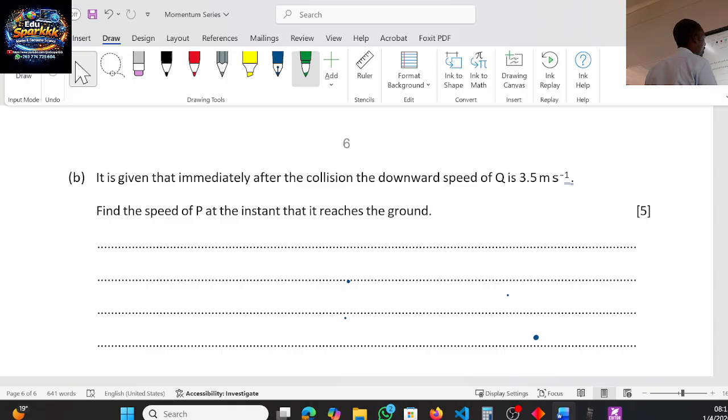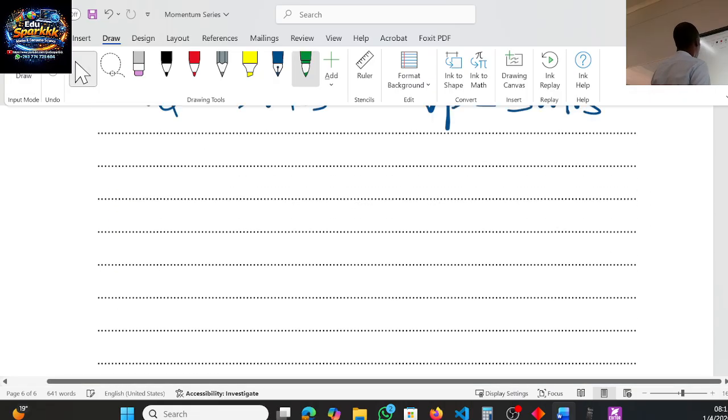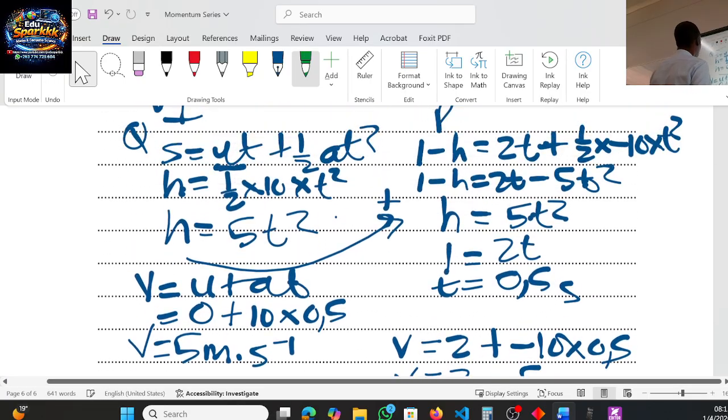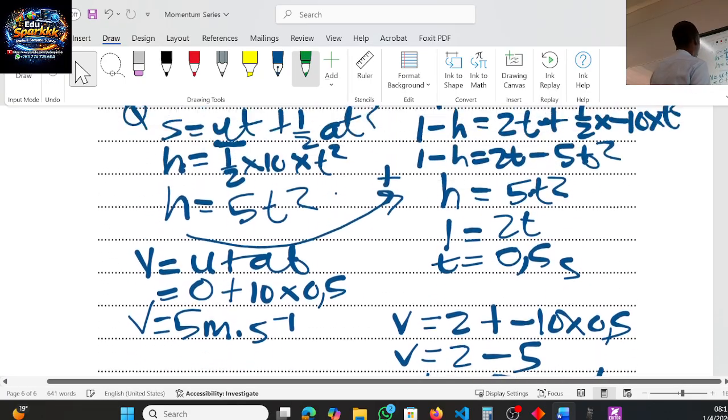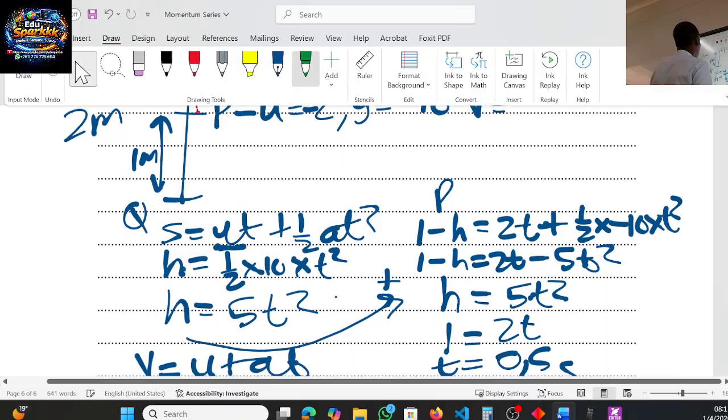So immediately after collision, we have the speed. But before collision, we had 5 and 3. So for object Q, its speed was 5. What about its mass?